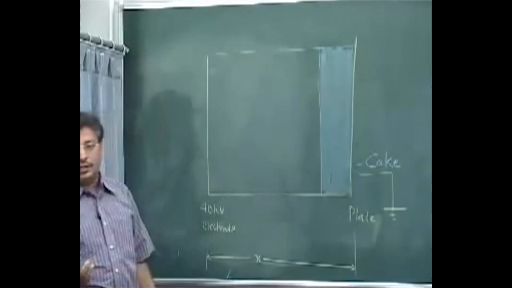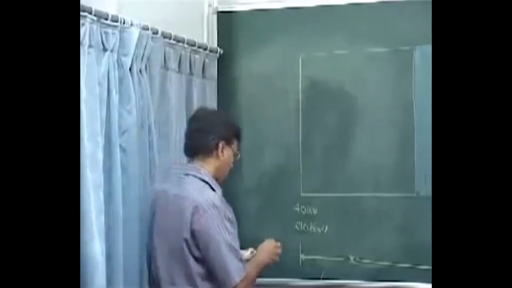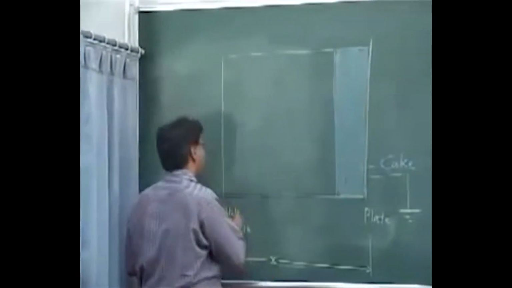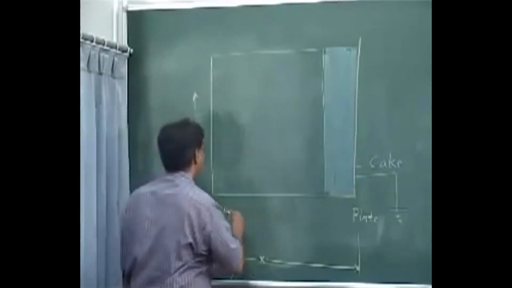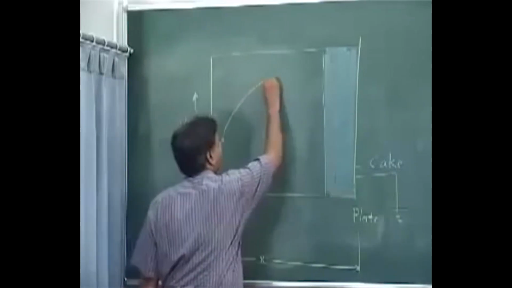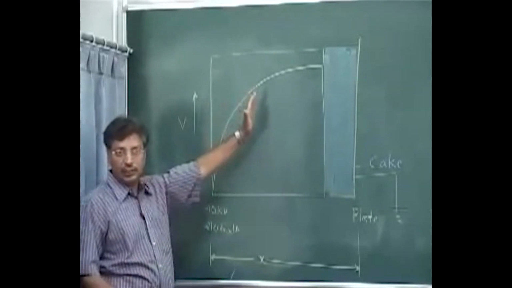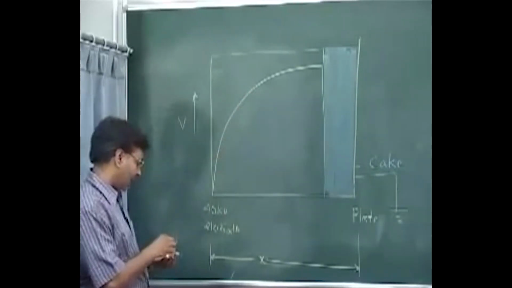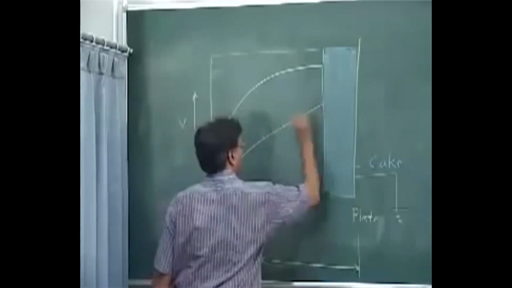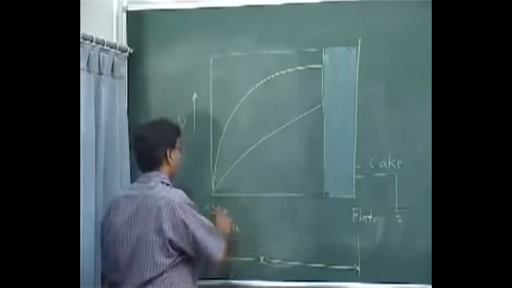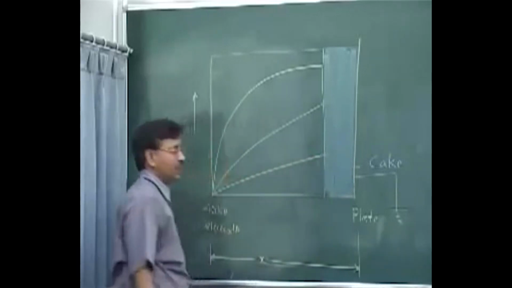Suppose I am dealing with a dust which has low resistivity. If the resistivity is low, I have a picture something like this: the voltage will not drop so easily. If my resistivity is moderate, and I will explain what moderate means, it may look like this, and if resistivity is too high, then I get a picture like this.